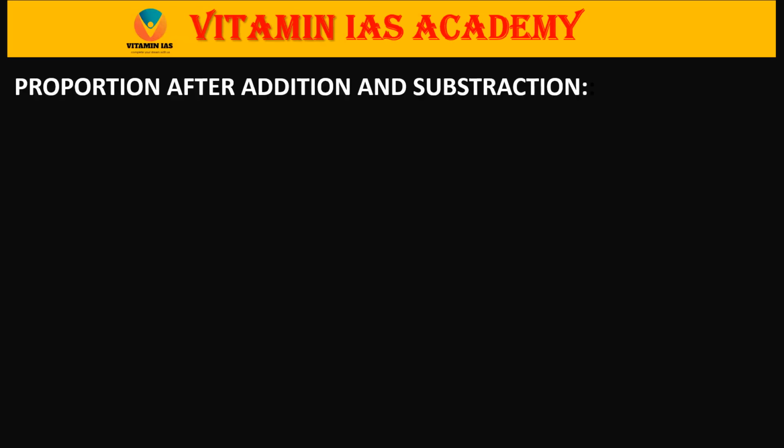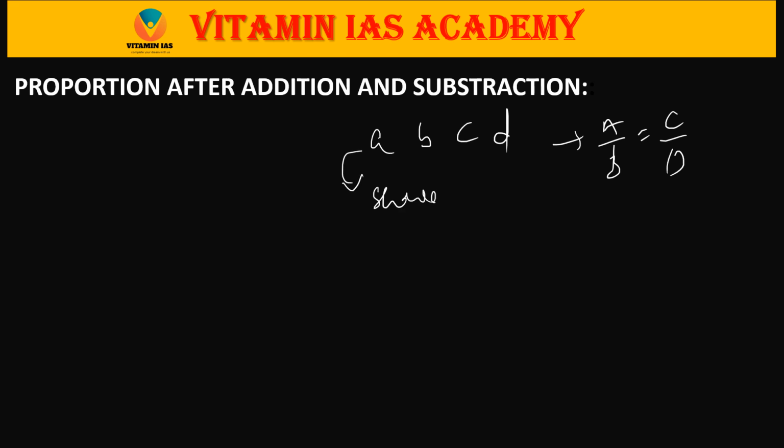Here, proportion after addition or subtraction means that sometimes in the question they will give you some ratio like A, B, C, D. They will give you the A value, B value, C value and D value in a general equation, A by B is equal to C by D. In this general equation, what number should be added to maintain this proportionality?